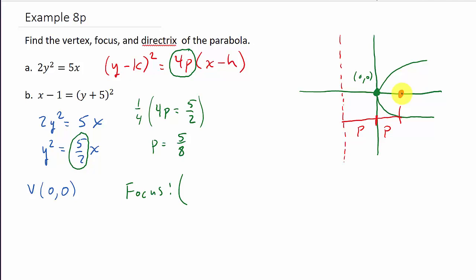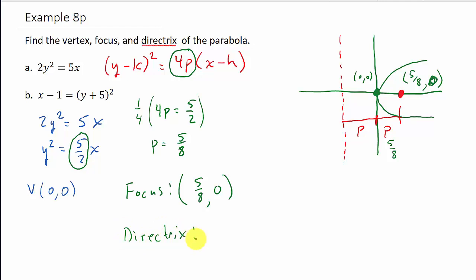Well, 5/8, because p is 5/8. So this point is going to be 5/8 on the x-coordinate, and then I didn't move up or down, so the y-coordinate will be 0. And so the focus is 5/8, 0. All right, and then I need the directrix.